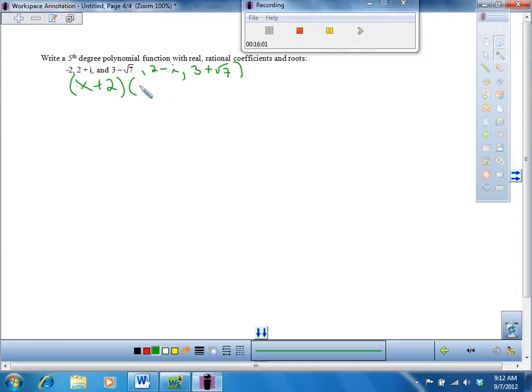So what I have to do is write this as x plus 2 times x minus, in parentheses, 3 minus root of 7, times x minus, I need another parenthesis there, x minus 3 plus root of 7, times x, I'm going to write up here, it's easier for me, x minus 2 minus i, like that, and x minus 2 plus i, like that.